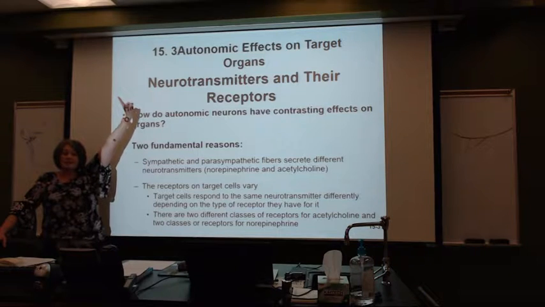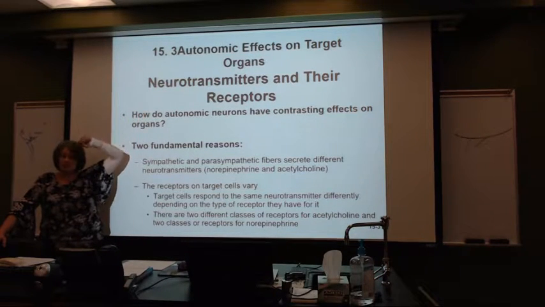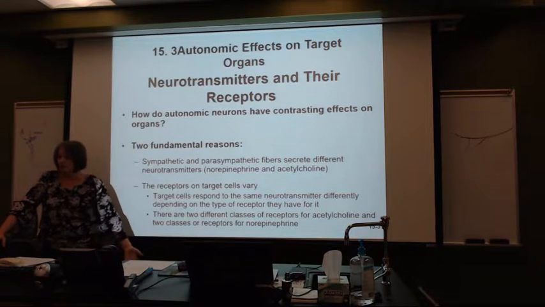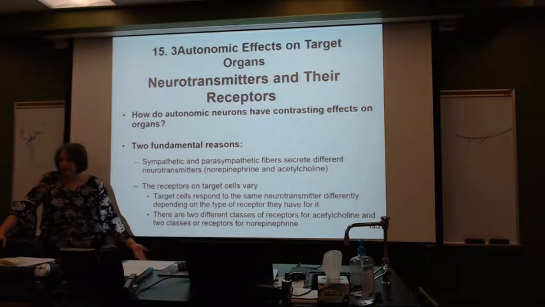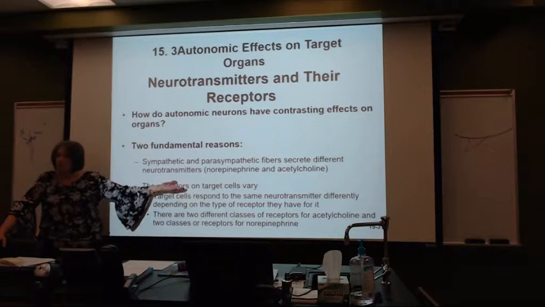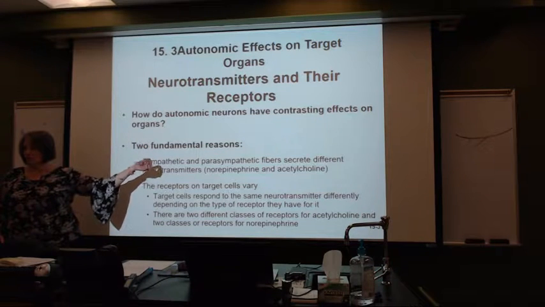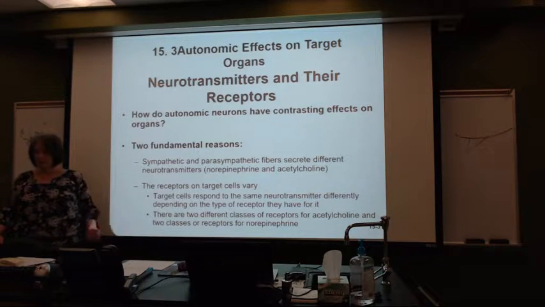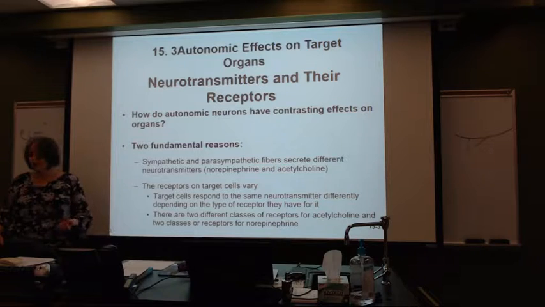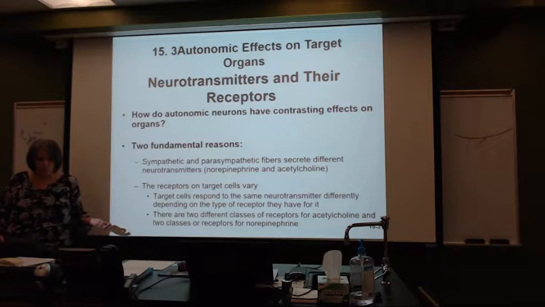In the sympathetic division, which is excitatory, but I've mentioned it does what to GI? Inhibitory, and vice versa. The target cells on the organ determine what that tissue does, which is the case for almost all chemicals.